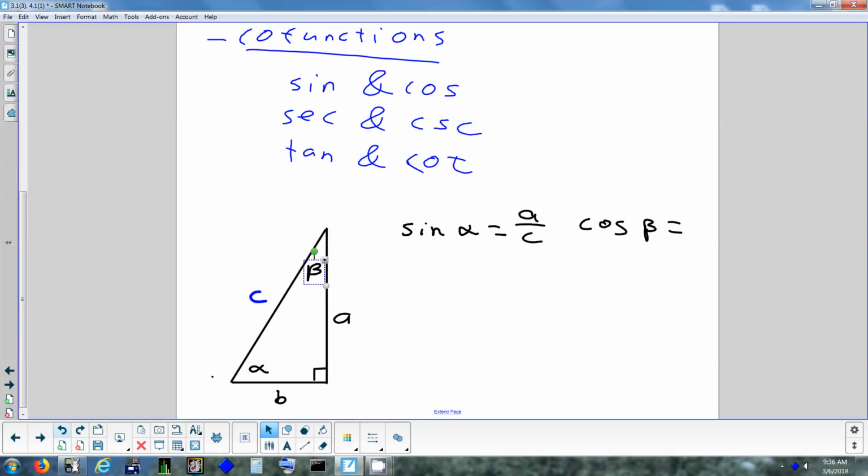So it'd be A over C. Yes. A over C. If you compare the sine of alpha and the cosine of beta, the answers are the same. So, cofunctions, complementary angles.